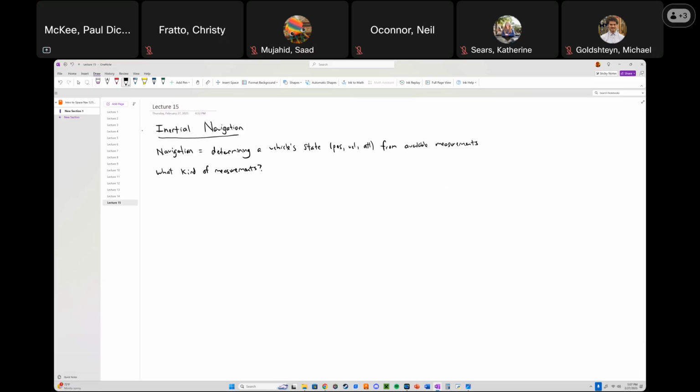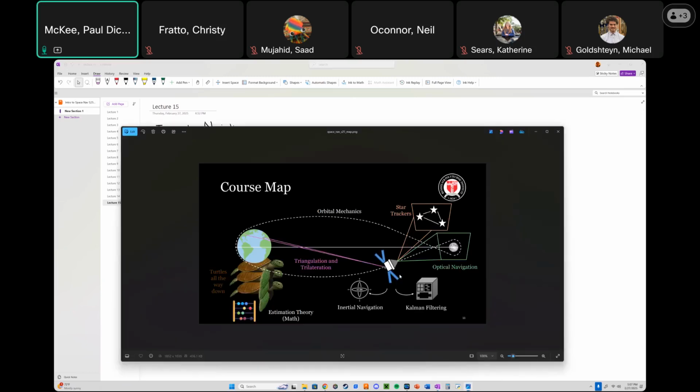Well, one way to separate these is external measurements and internal measurements. If you're using the human body as a metaphor, then as you're drifting through space trying to figure out where you are, you can look at things, you can receive signals.